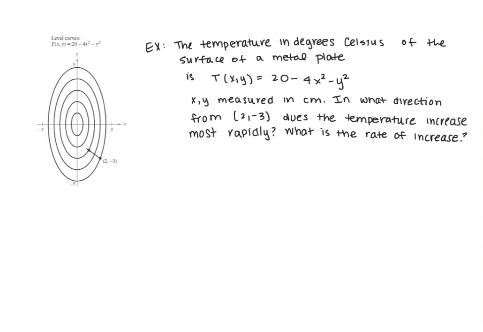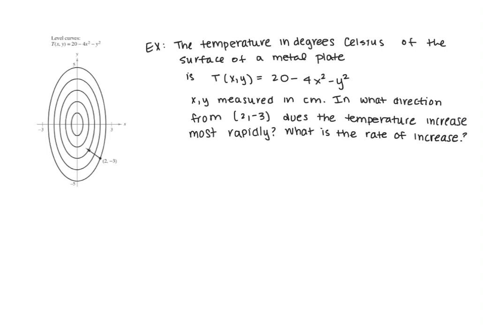Alright, so this example has a metal plate as shown by the graph to the left, and it's an elliptical shape, and it measures the temperature in degrees Celsius on the surface of the metal plate. So you can find the temperature at any given location on this plate. We want to figure out in which direction from the point (2, -3) the temperature increases the most rapidly.